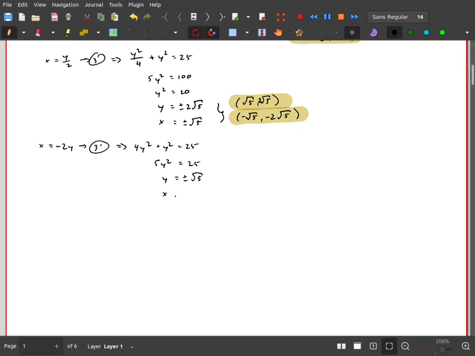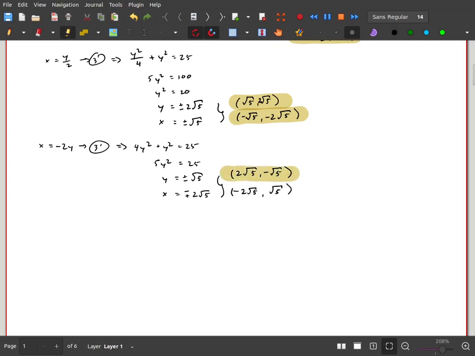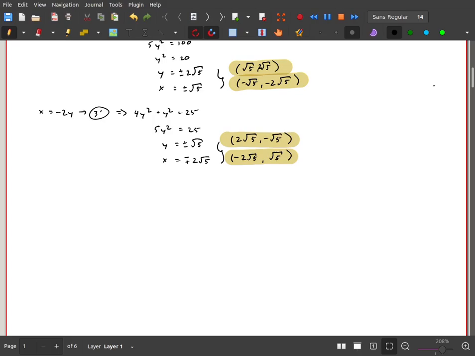So then x will be equal to minus or plus, because there's a negative sign in front of 2y, and that'll be minus or plus 2 root 5. Which means that our possible solutions are 2 root 5 and minus root 5, and minus 2 root 5 and positive root 5. So we have 4 combinations. So we'll check each and every one of them.